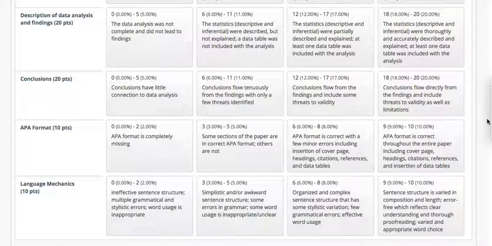And lastly, your language mechanics. So I want to make sure I see evidence of editing, proofreading, all of those kinds of things. All right, and remember, this rubric is located under the symbol where you click on the paper and the pencil. If you open that up, you'll see a button that says View Rubric.